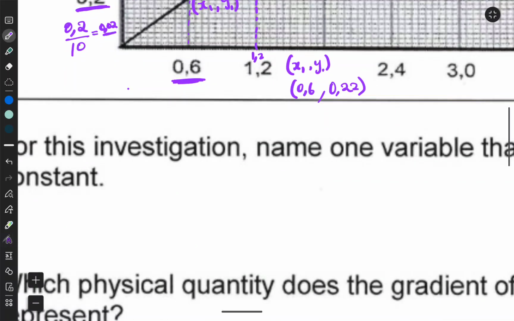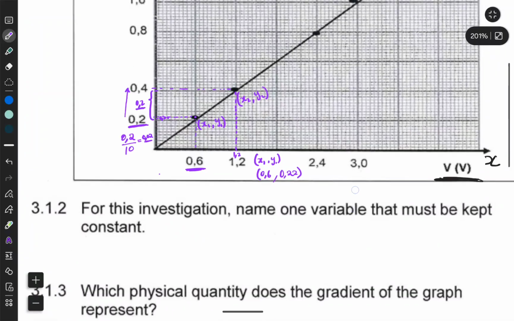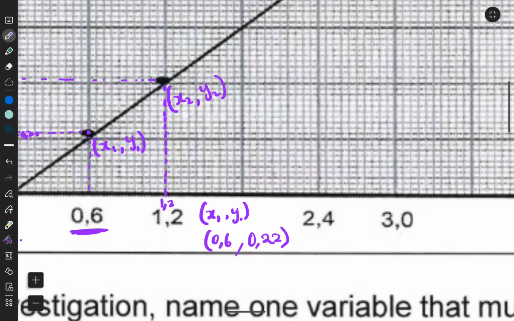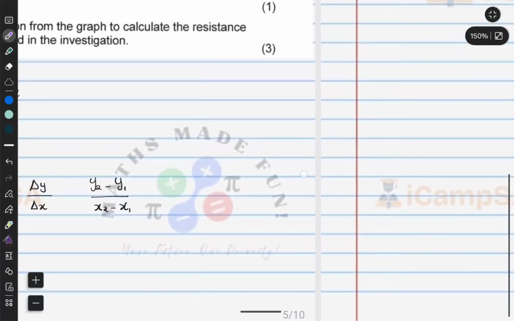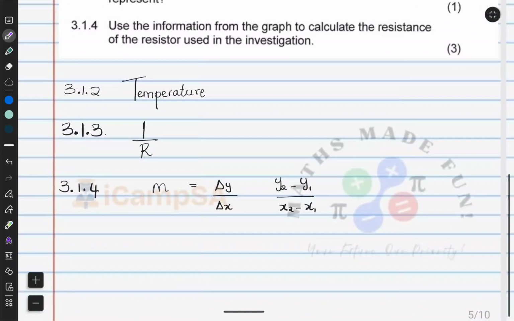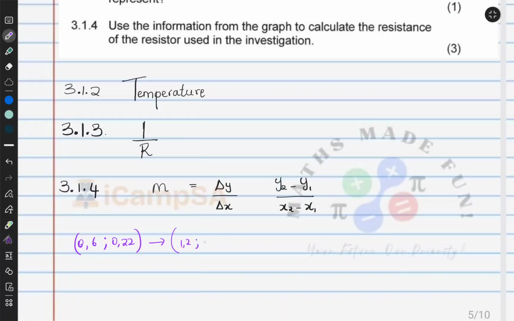So this one is 1.2 and 0.42. Yeah, those are my coordinates. So let's write them here. It goes from 0.6, 0.22 all the way to 1.2 and 0.42, something like this.